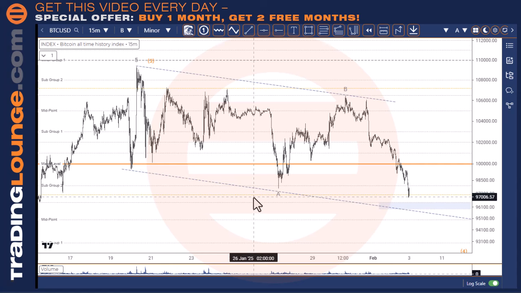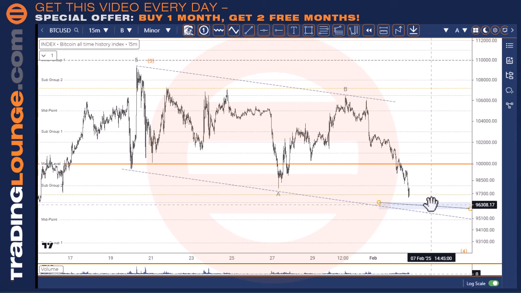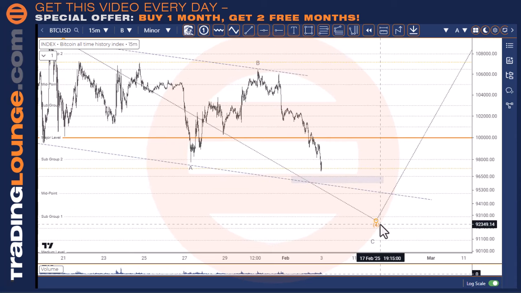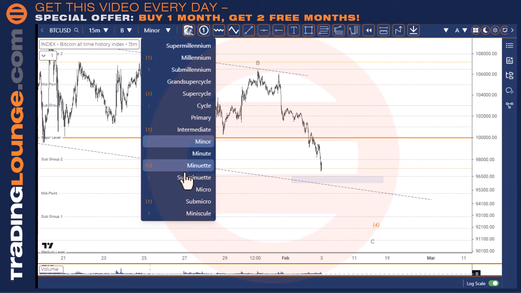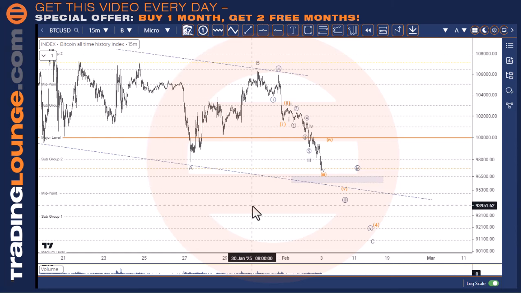But just to make it simple, looking at this low here as the A wave, and then the B wave here, and then the C wave here. Now, it still could be a wave 2, but I'm just labeling it wave 4 here for the time being. And when I put this in here, I could probably bring the micro in as well.